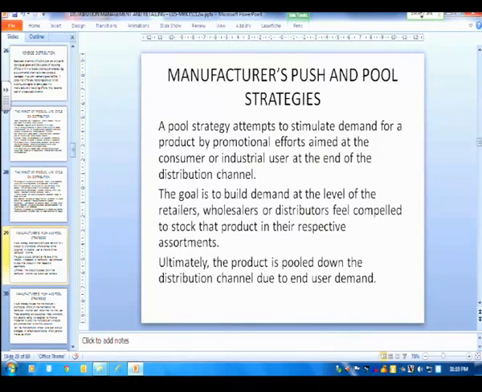The goal is to build demand at the level of the retailers. Wholesalers or distributors feel compelled to stock that product in their respective assortments. Ultimately, the product is pulled down the distribution channel due to end user demand.